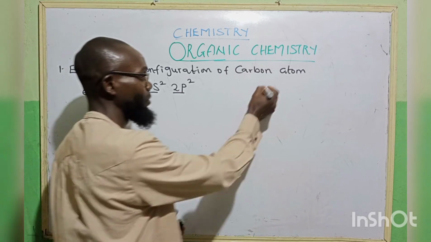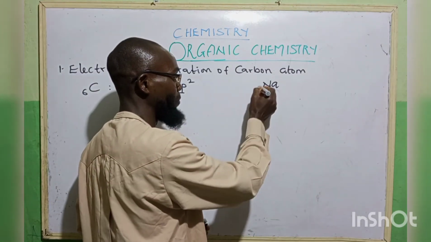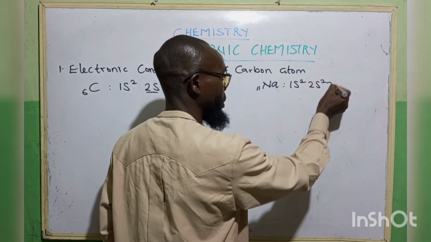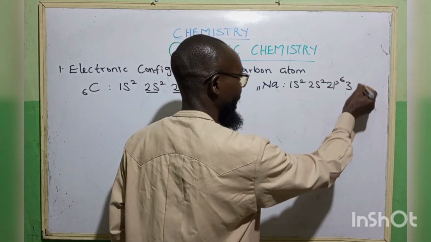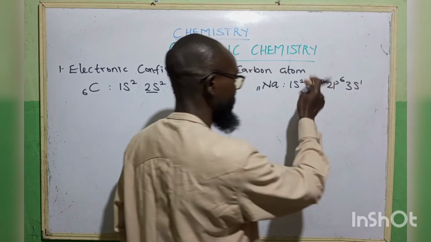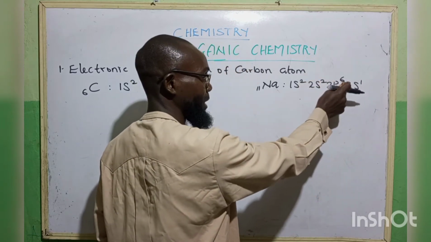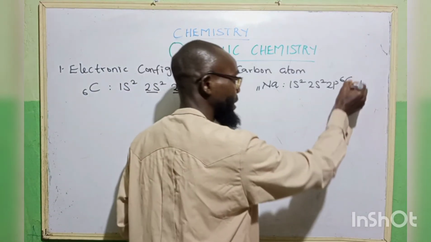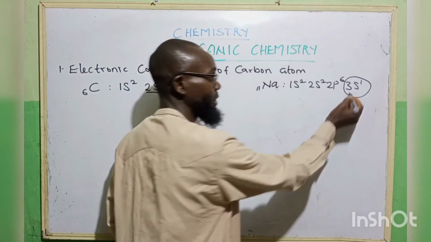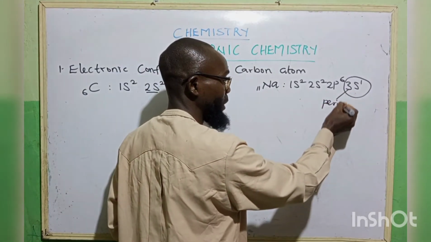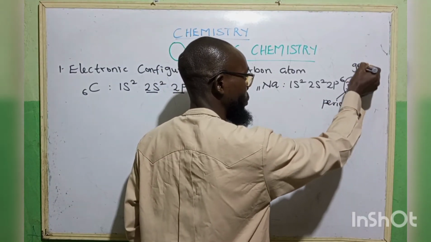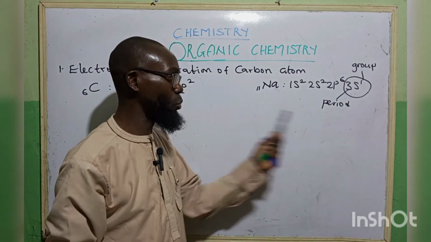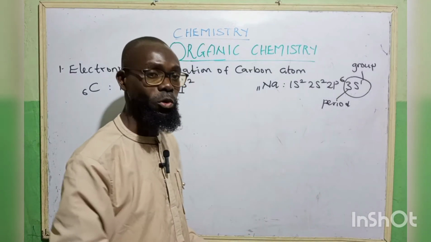Let's say, for instance, we have sodium with atomic number 11, that is 1s2, 2s2, 2p6, and 3s1. 2 plus 2 is 4, 4 plus 6 is 10, 10 plus 1 is 11. The outermost shell here is 3s1. So this 3 means period, while this 1 is the group. So when you check your periodic table, you will see that sodium belongs to period 3 and group 1.